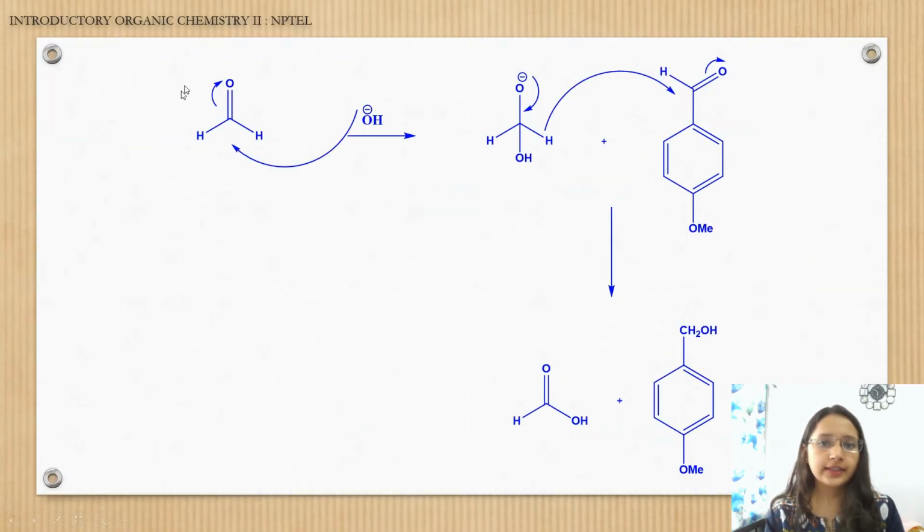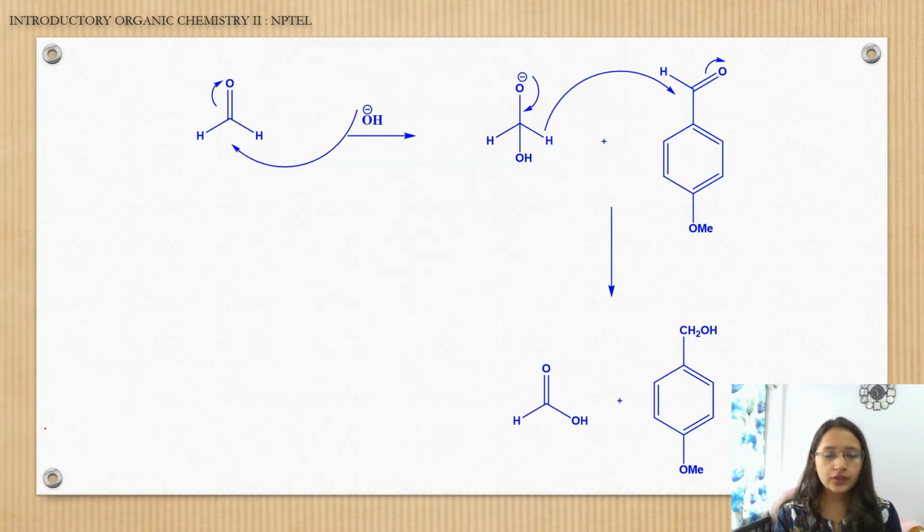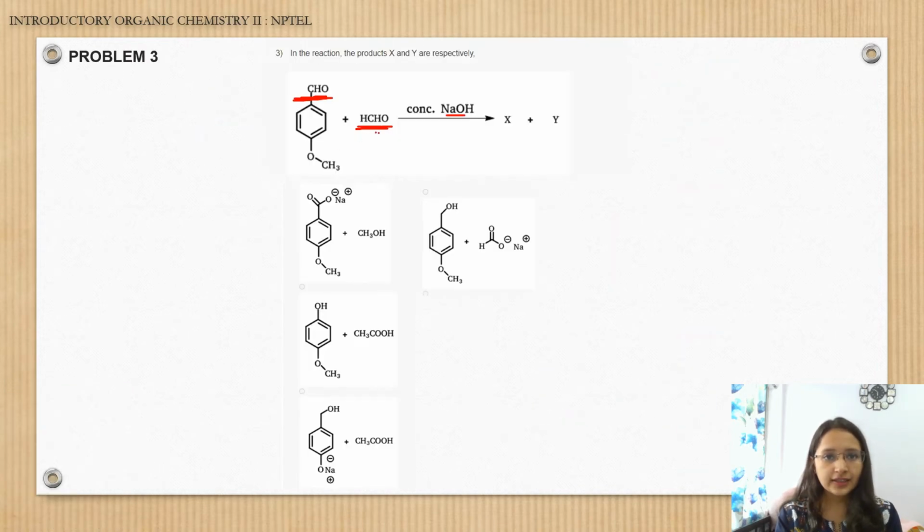See what happens here. First of all, you have this formaldehyde in the system. Now tell me, this formaldehyde or this aldehyde, which is more electrophilic in nature? This formaldehyde is more electrophilic in nature.